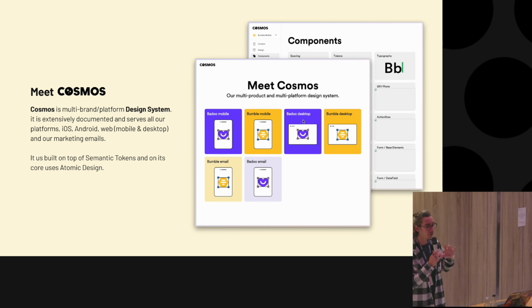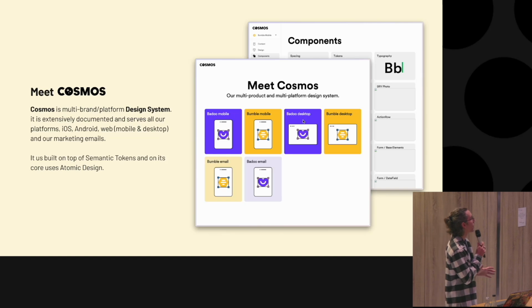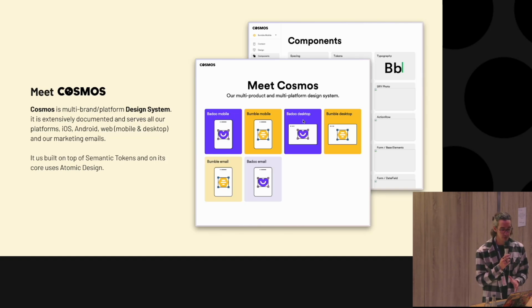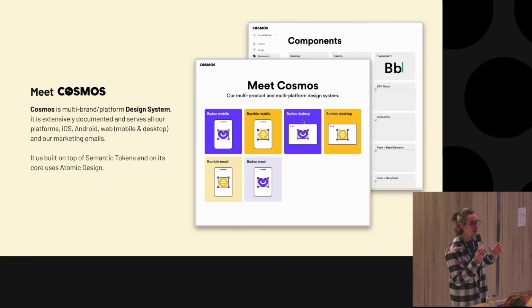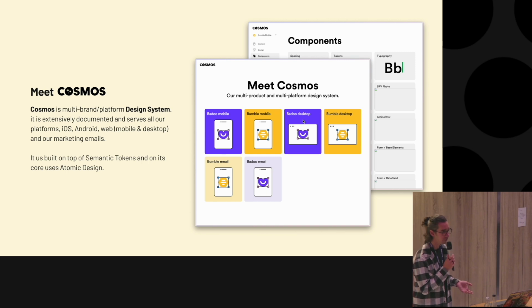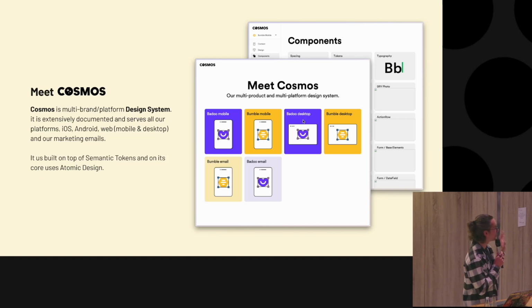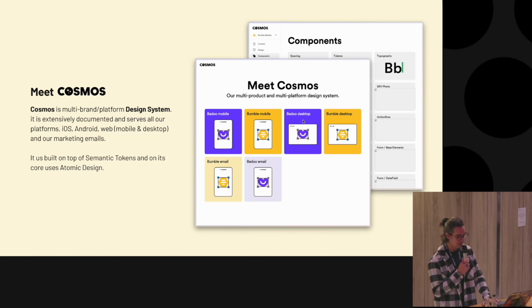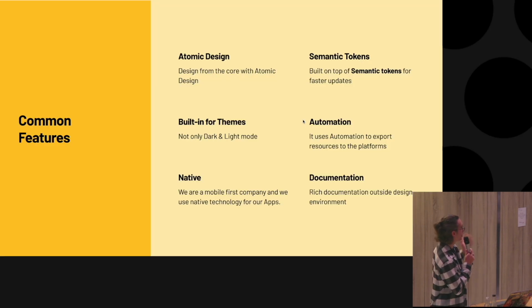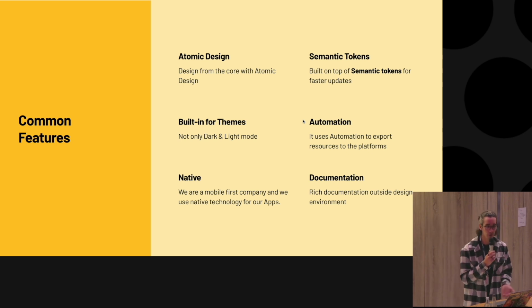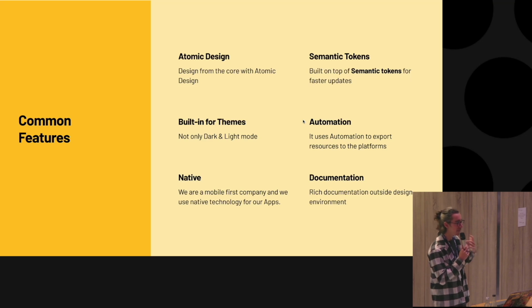It's something quite big. And like every design system, it's built on top of atomic design, and we use semantic tokens as the core of the design system. Does anyone know what semantic tokens are? All right, so the designers do, but yes, we use semantic tokens as a core. Atomic design is really important if you want to scale your components and have very fast updates.